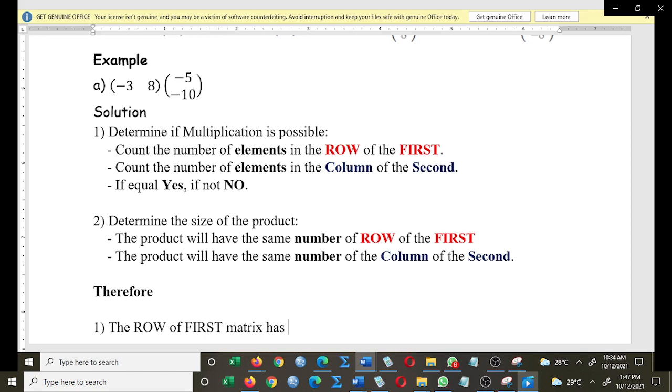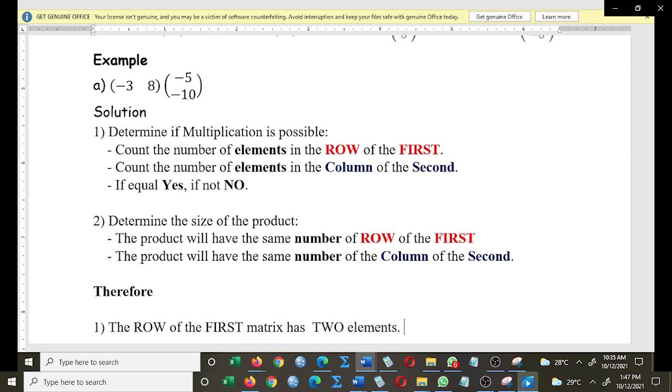Count the number of elements in the row of the first matrix. The row of the first matrix has 2 elements.